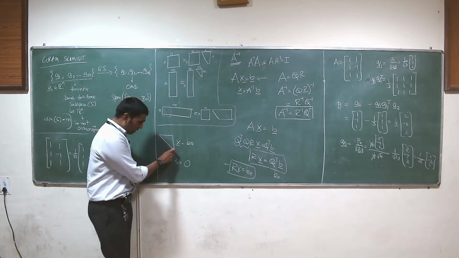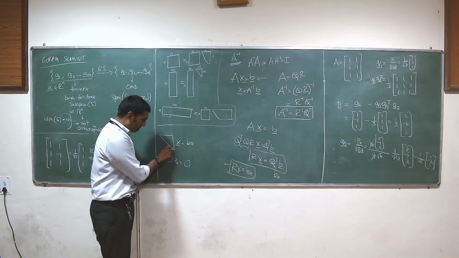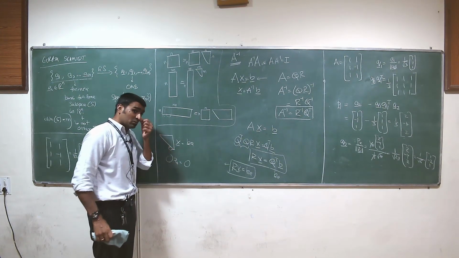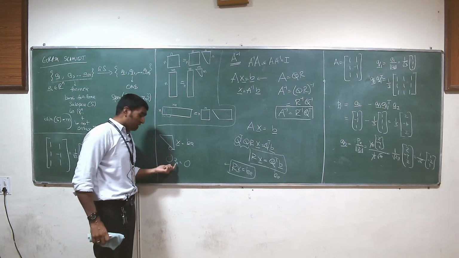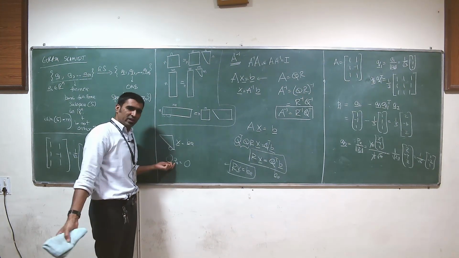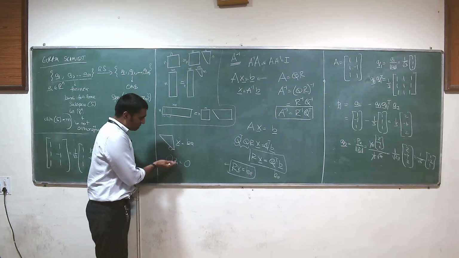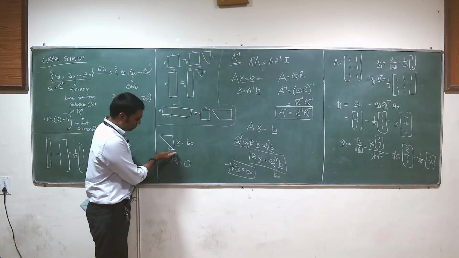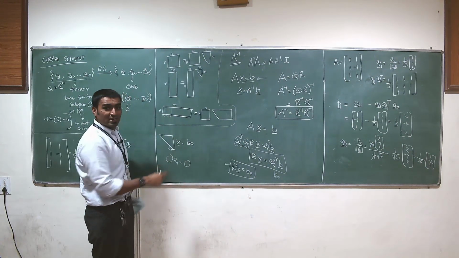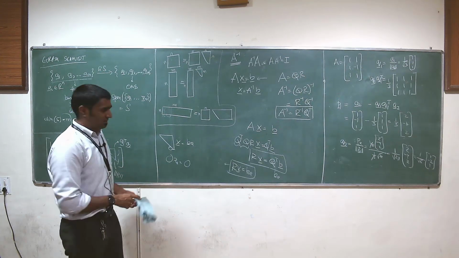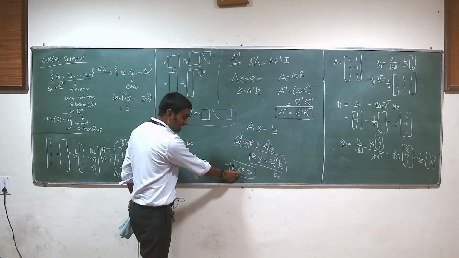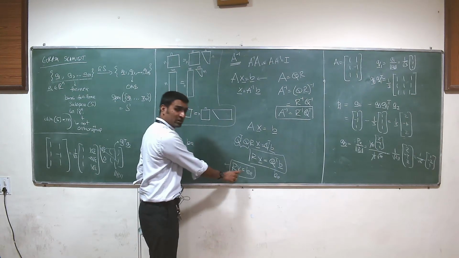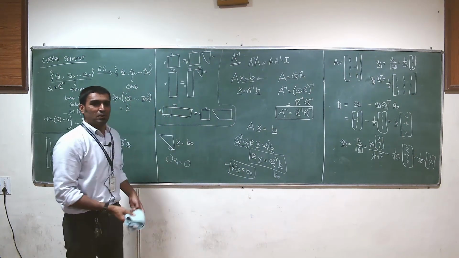Once you solve for xn, what about the previous equation? How many unknowns did the previous equation have? Two. But you already know xn, so effectively what is left is n minus 1. So you simply solve this by back substitution. You solve it from the bottom and then you can immediately solve it. So that's the advantage: if you had the QR decomposition, then solving a large set of linear equations becomes much simpler and faster.